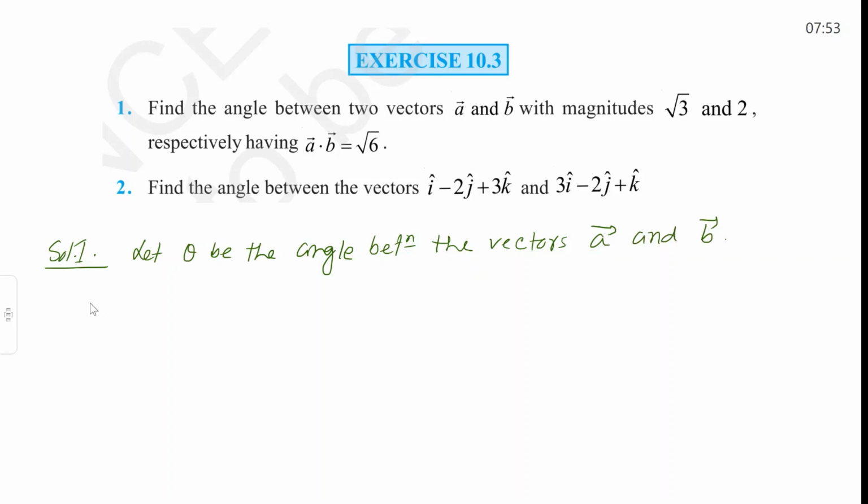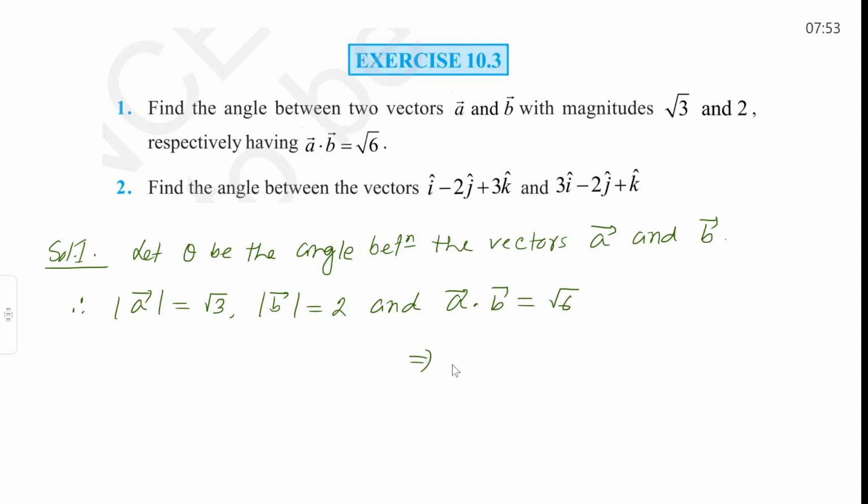It is given in the question that the modulus of a bar is √3, the magnitude. Then modulus of b is 2, and the second condition given here is the dot product of these two vectors, a bar dot b bar, is equal to √6.